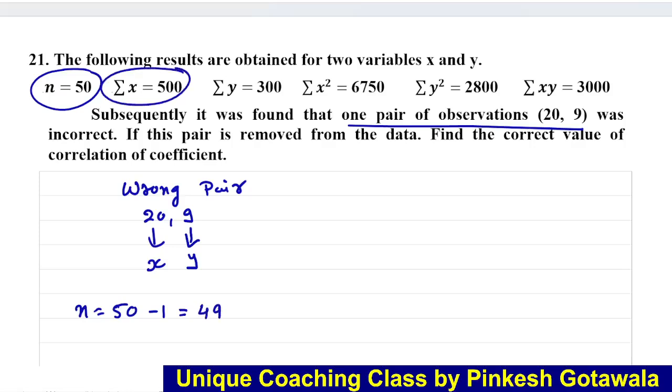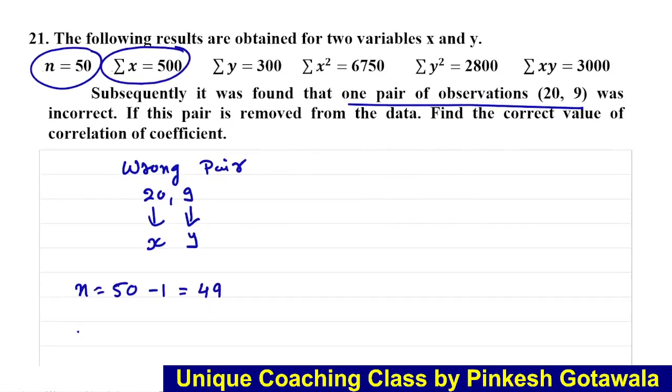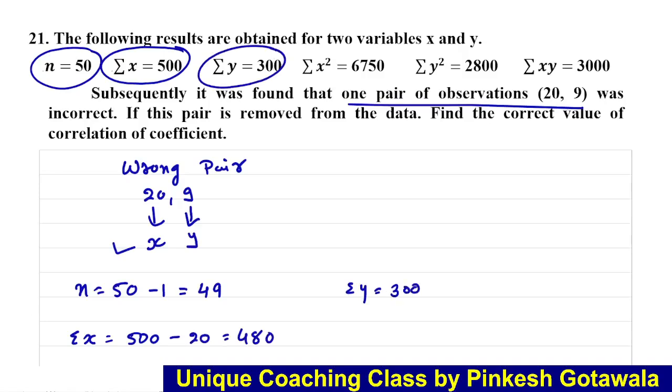Then sigma x 500. So very simple. Sigma x 500, we have to subtract x, that is 20. So it becomes 480. Sigma y 300. There is a y of 9. We have to subtract, so 291. Sigma x square 6750.